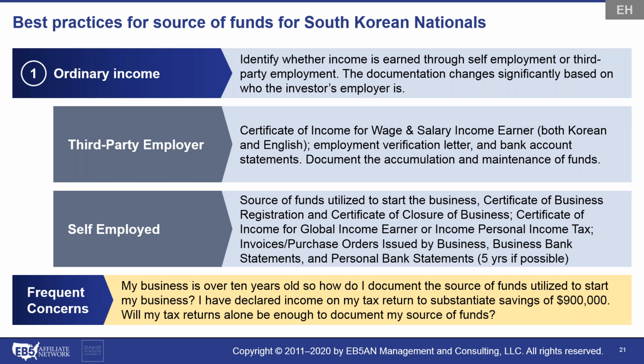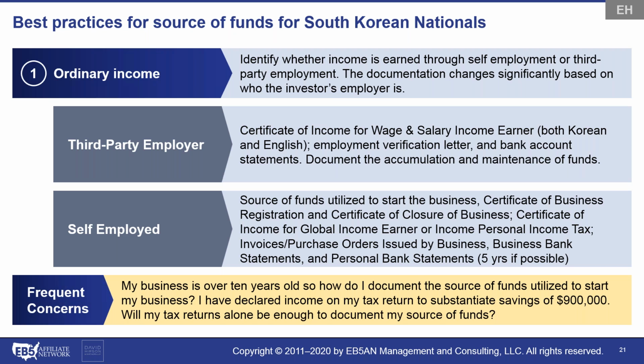And then you work for company C after working for company B. So you work for companies A, B, and C. And now you have to prove that you worked for companies A, B, and C for X number of years, for X amount of salary, and you paid X amount of tax.